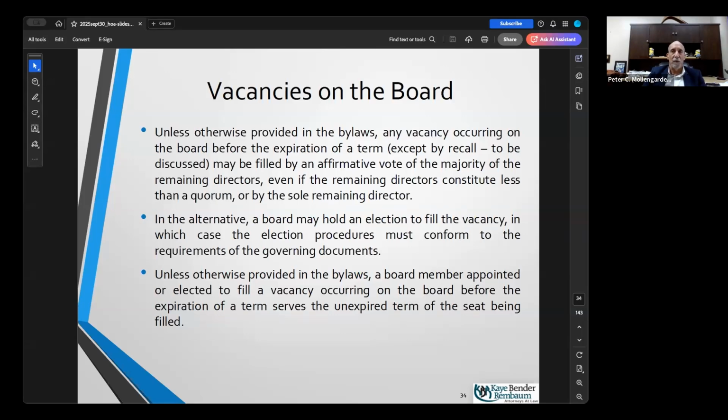Now, what is the term of that replacement director or successor director? Well, unless otherwise provided by your bylaws, a board member appointed to fill a vacancy that occurred because of death or resignation or something like that serves the unexpired term of the seat being filled, again, unless your bylaws provide otherwise.